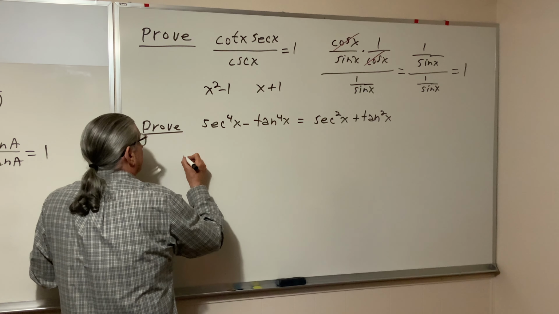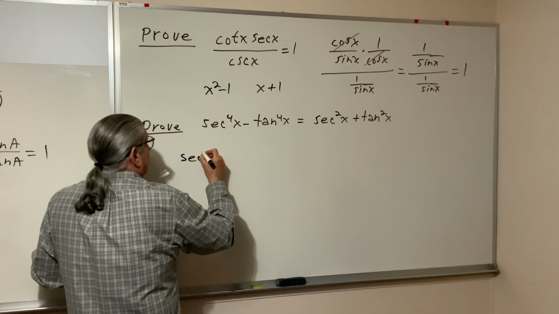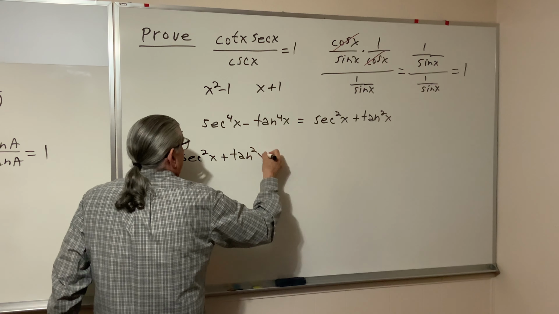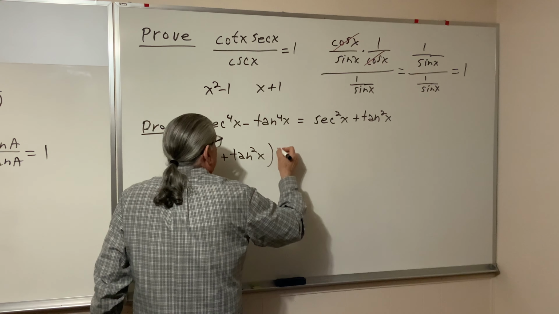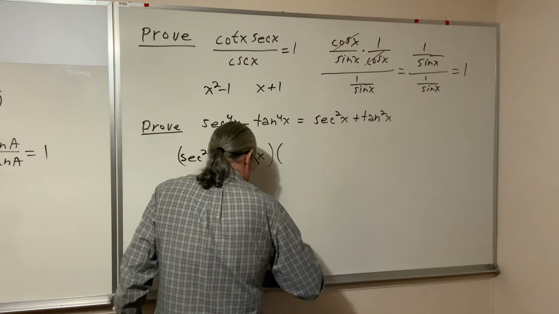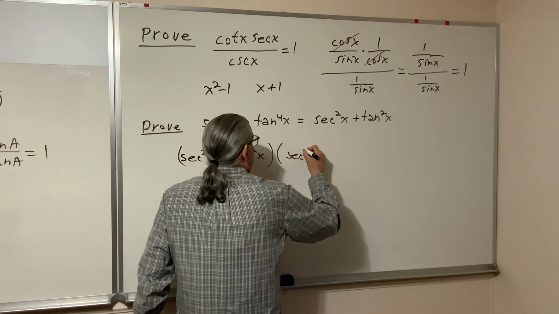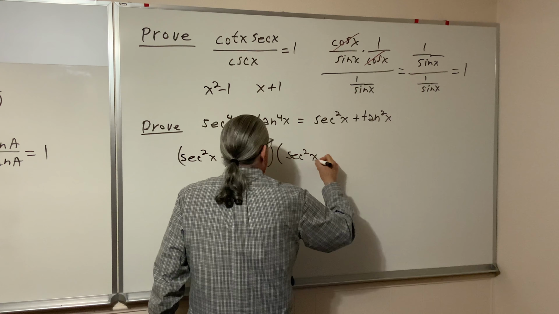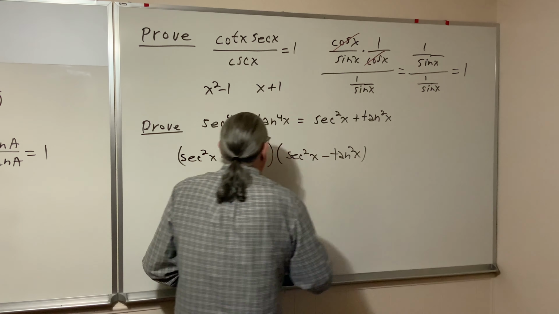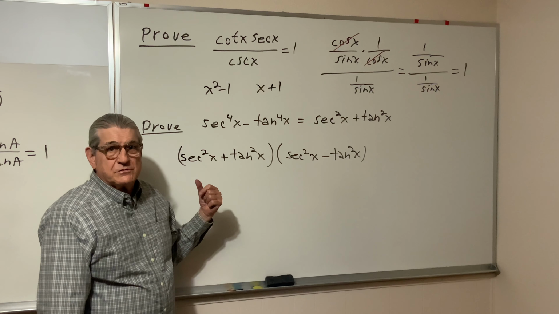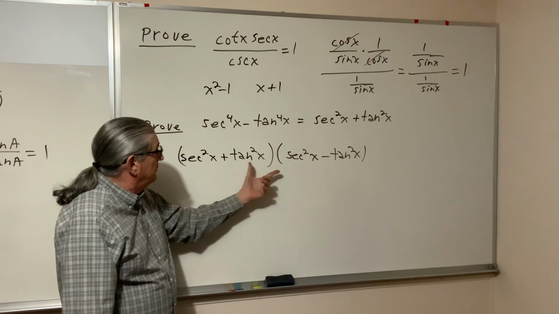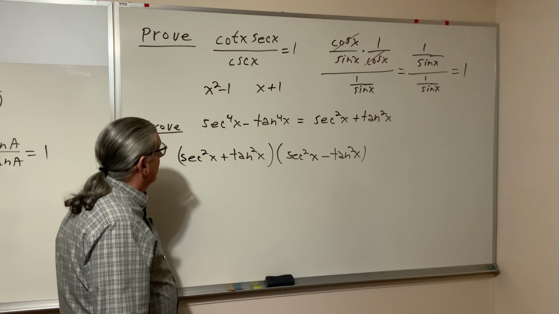This is the secant squared x plus the tangent squared x times the secant squared x minus the tangent squared x. So I'm just treating it as the difference of two squares, except we're using the fourth power, so this is what we get.